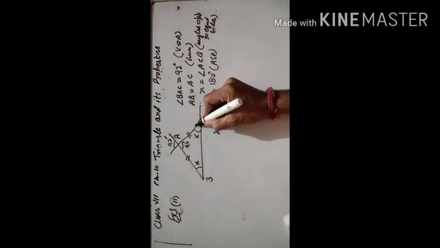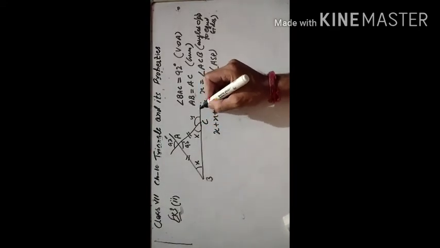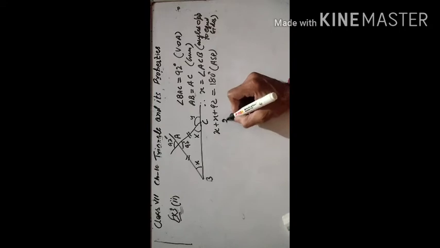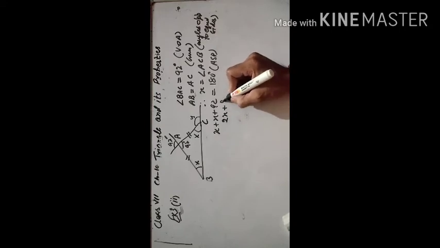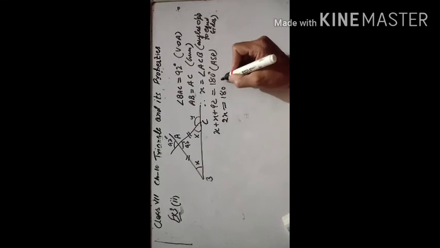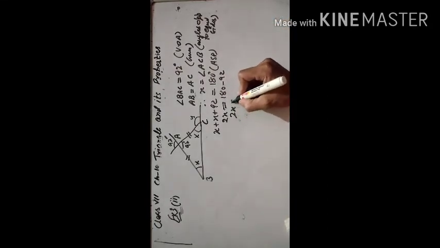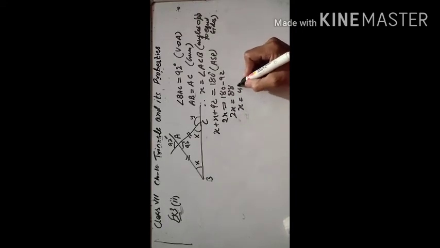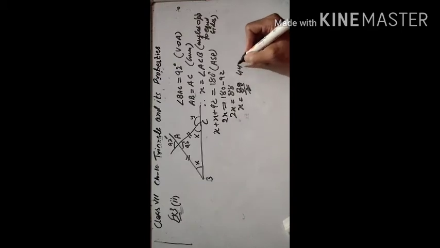This figure is also there, y is also there. Now 2x is equal to 180 minus 92. 2x is equal to 88, x is equal to 88 divided by 2, that is 44.